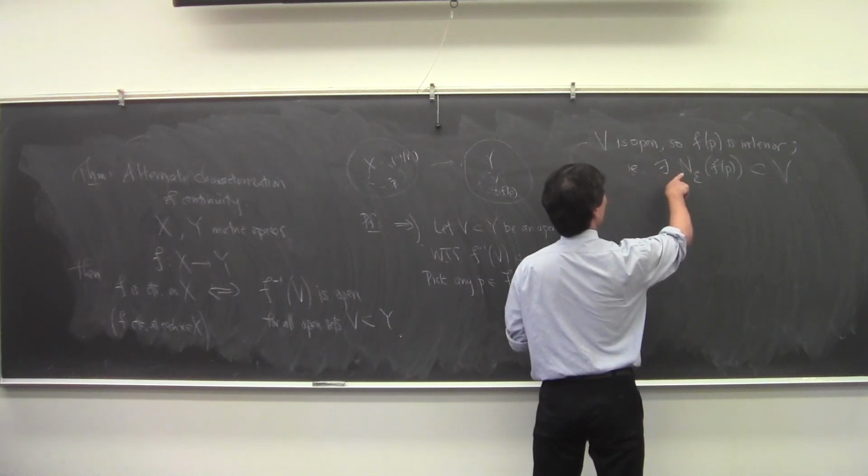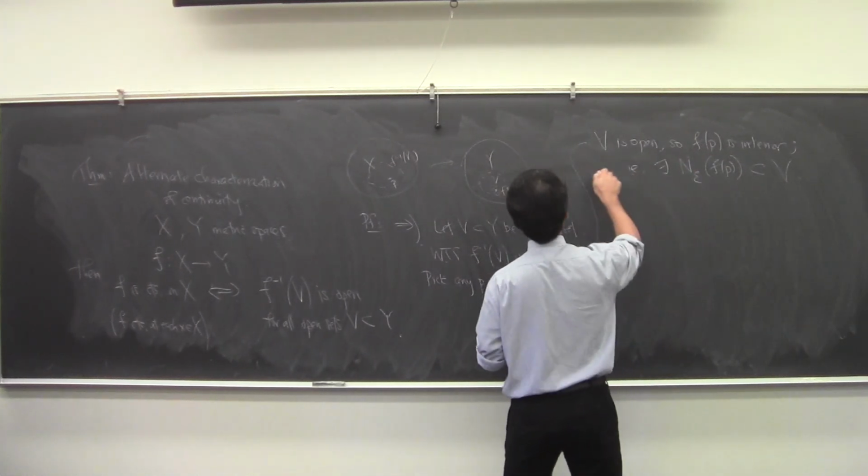Okay, so f of p is interior, so there's some epsilon neighborhood.